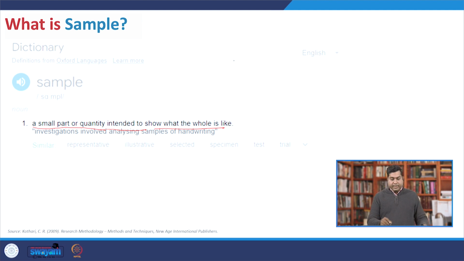So this is the entire population, and out of that you pick a small subset, that is the sample. But this sample should have all the characteristics and the representativeness of the target population.